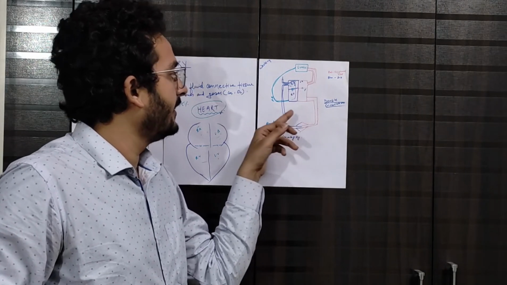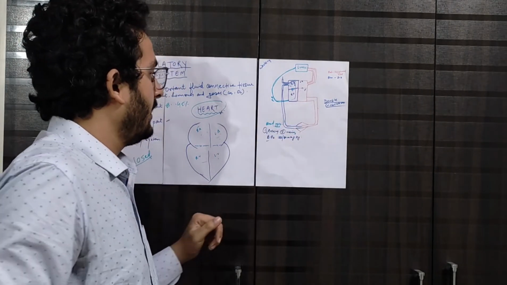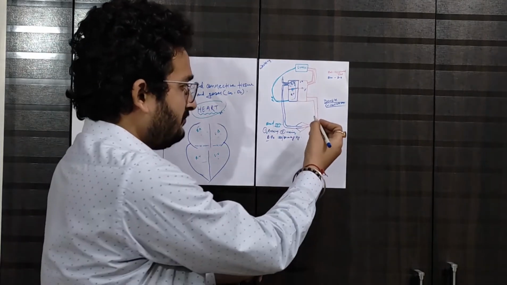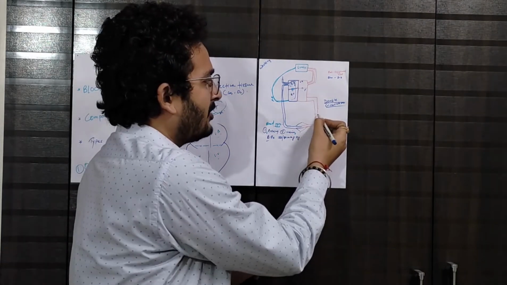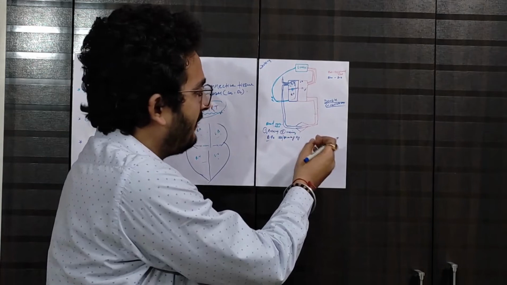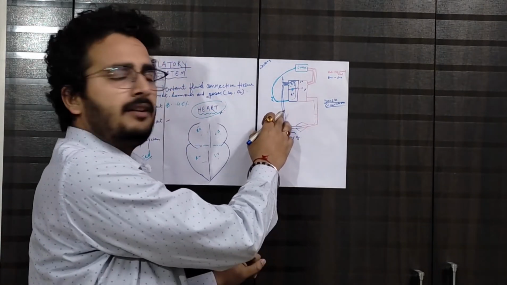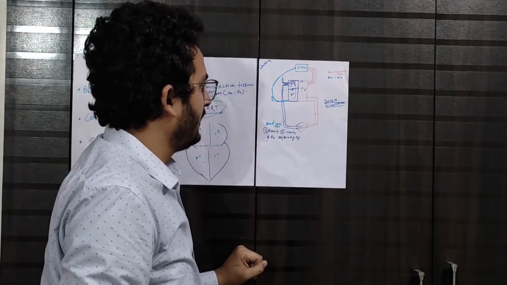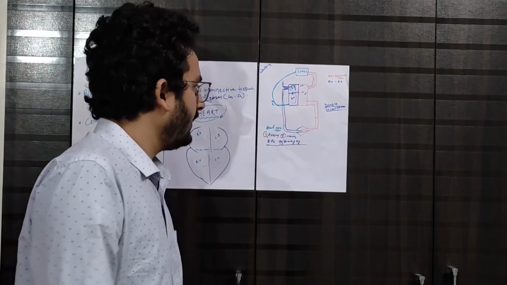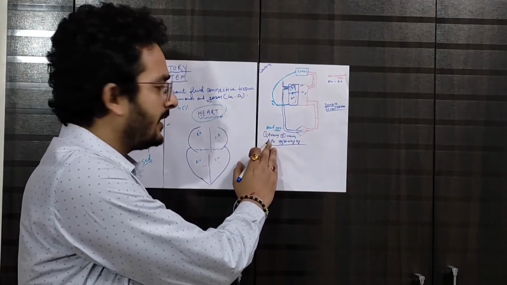Here we see two types of blood vessels associated with circulation of blood. One is the artery and another is the vein. The flow pressure of blood in the artery is more in comparison to the vein.